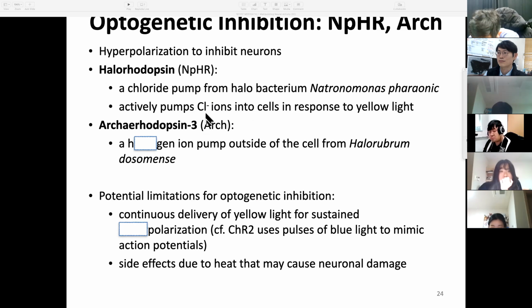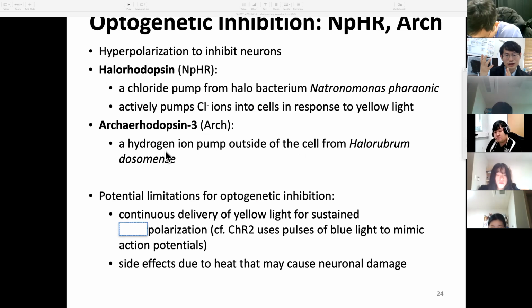It pumps chloride ions into the cell with yellow light. And similarly, archaerhodopsin is a hydrogen ion pump to the outside of the cell. So it expels hydrogen ions from this species.